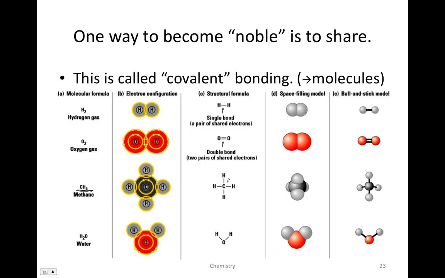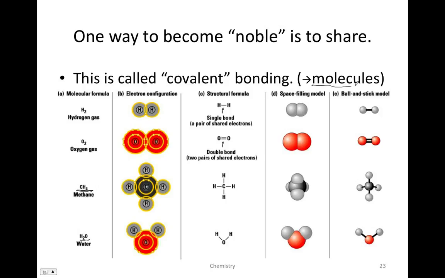We can represent it with the C and the 4 H's, or showing them in ball and stick model or space representation. This molecule that you're probably already familiar with is water. Oxygen, which wanted 2 electrons, shares electrons with each of 2 hydrogen atoms that each want 1. So we get H2O, we get the molecule water, and we represent it like that. Sort of looks like Mickey Mouse.